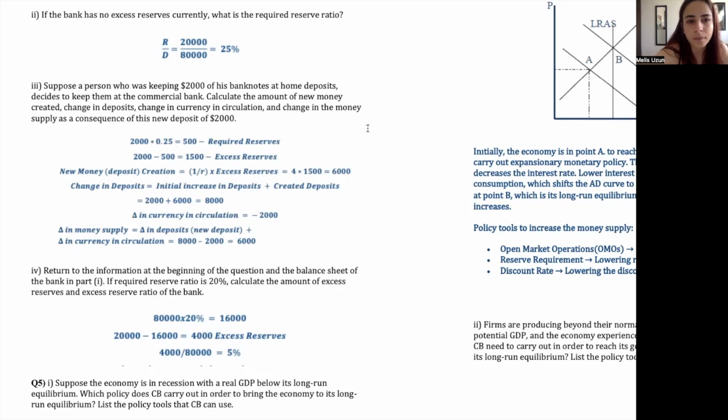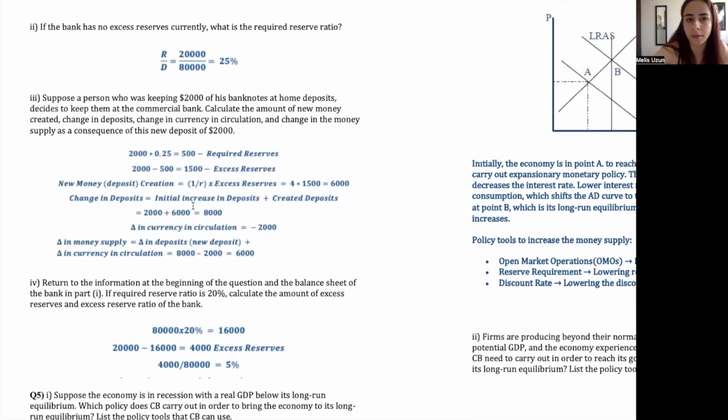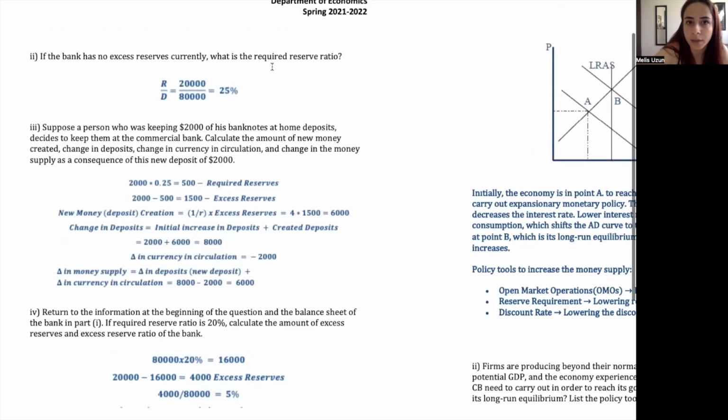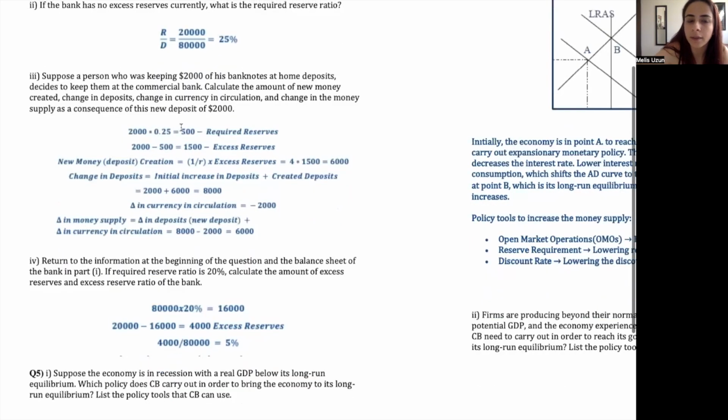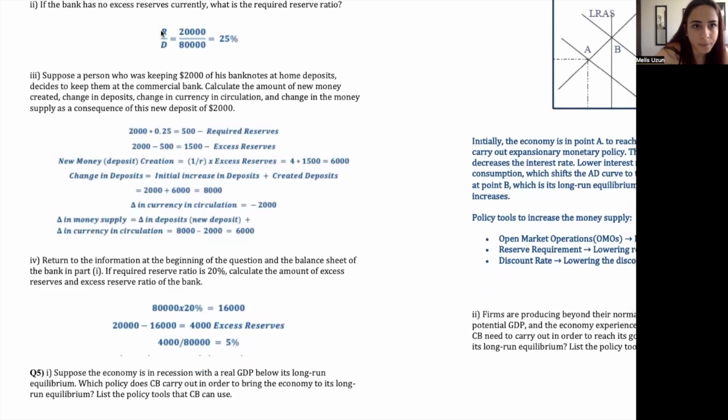So first, this person decides to keep them at the commercial bank. He has $2,000. We just found the required reserve ratio, so first we need to multiply 2,000 by the required reserve ratio, and we will find 500, it is required reserves.